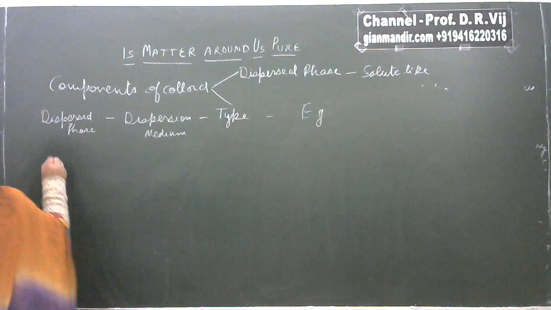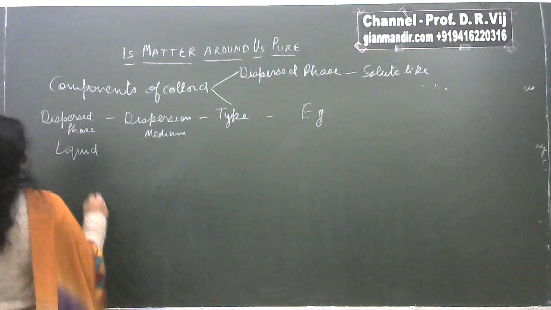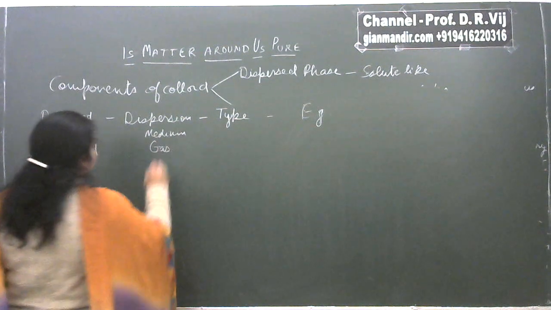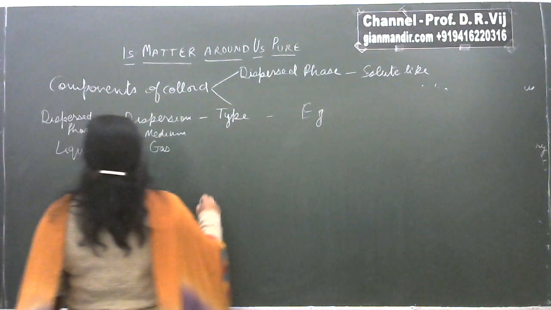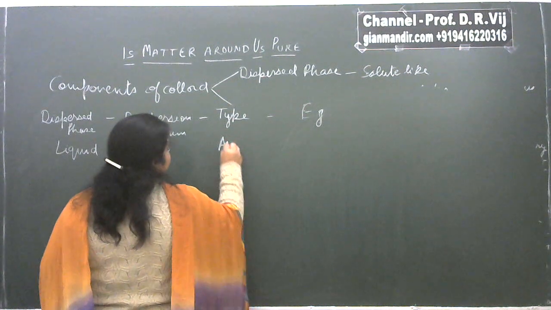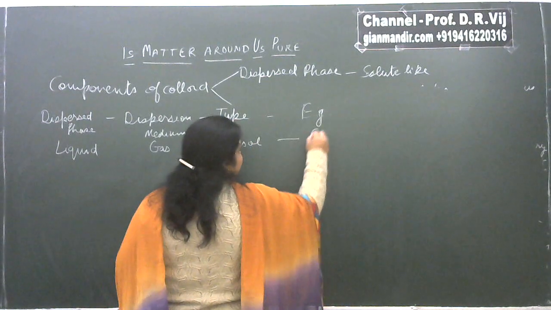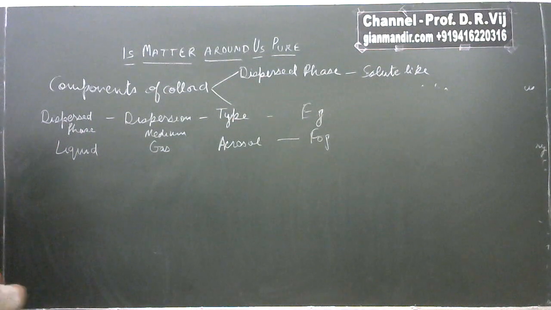So first case, when dispersed phase is liquid, dispersion medium is a gas. It is a case of liquid in gas colloid, and this colloid is known as aerosol. For example, we can talk about fog, right?